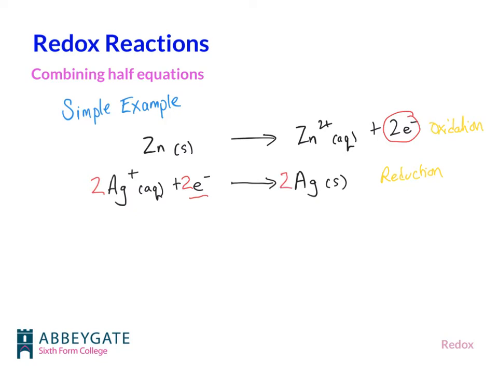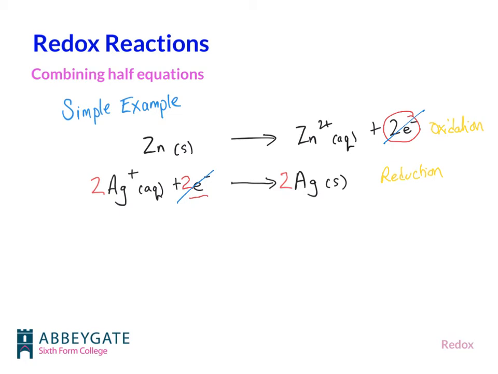By doing that, I'm then going to be able to take the 2 electrons that are produced in the zinc reaction, and they are going to work with the silver reaction because they're balanced. I can then combine the 2 reactions together because the electrons balance. So I'm going to take both sides and write the whole thing out, but I cancel anything that appears on both sides. So I can see my 2 electrons are now cancelled, and I can write out the full reaction.